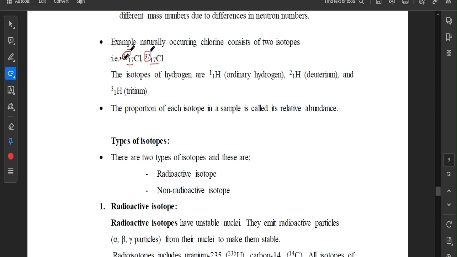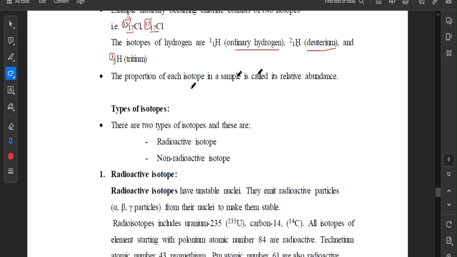When there are two different versions of the same element, they are called isotopes. Sorry guys. The isotopes of hydrogen are ordinary hydrogen, 2H deuterium, and 3H tritium. As you can see, only the 3, 2, and 1 changed. The 1, 1, 1 remain the same.